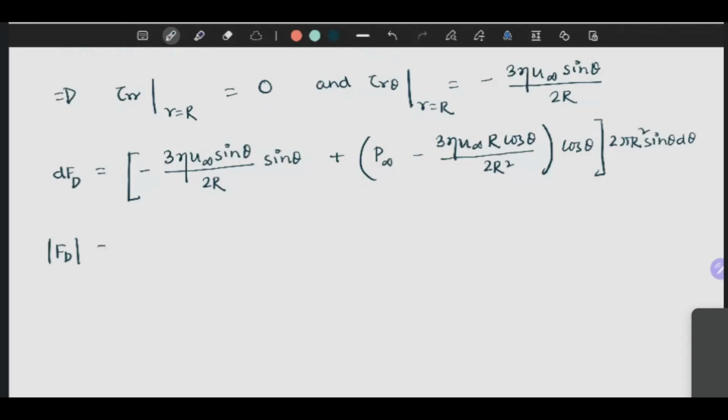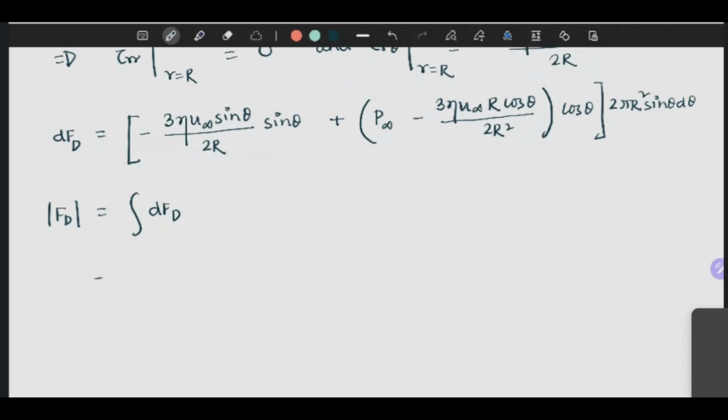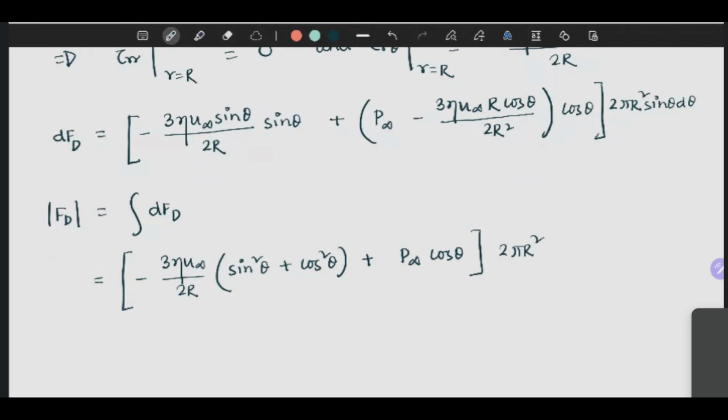Now if you calculate the Fd mod of this, then if you calculate this integration, this will be dFd of 0 to r, and then it becomes minus 3 eta u infinity by 2r into sin square theta plus cos square theta plus p infinity cos theta, into 2 pi r square sin theta d theta.